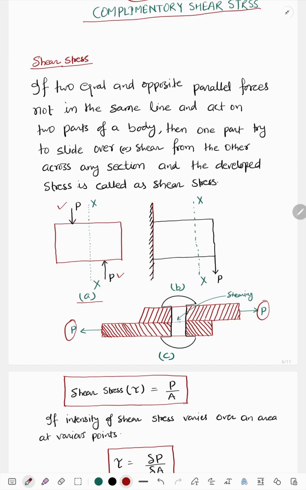It is going to break, going to shear up. So due to the application of forces the material will try to shear up or slide over one another. This is the concept of shear stress. Due to this, shear stress will develop.